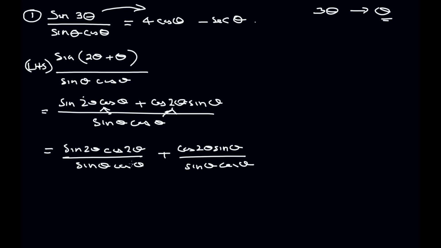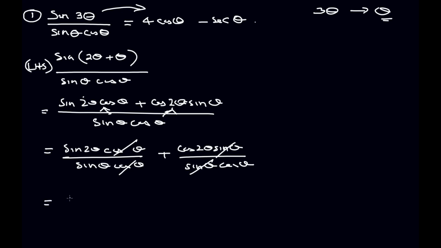Now what is it that I can simplify already? It's the cosine. We'll ignore the mistake I made here. It was sine 2 theta cos theta. Remember the way they change. So here I'm going to cancel these two, and then I've got a chance to cancel these two and simplify.